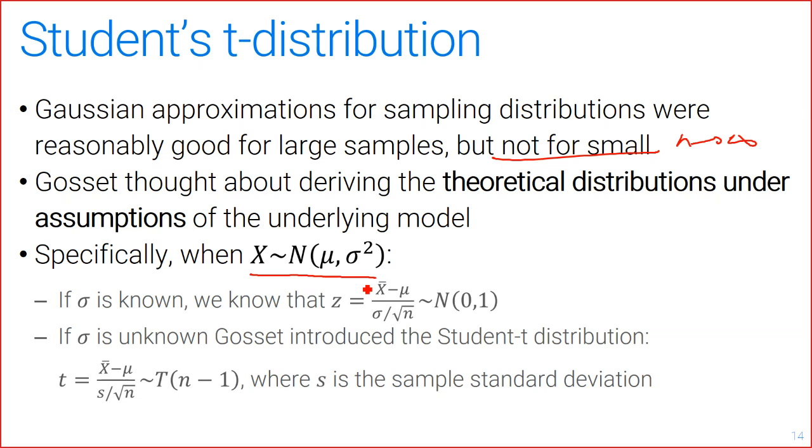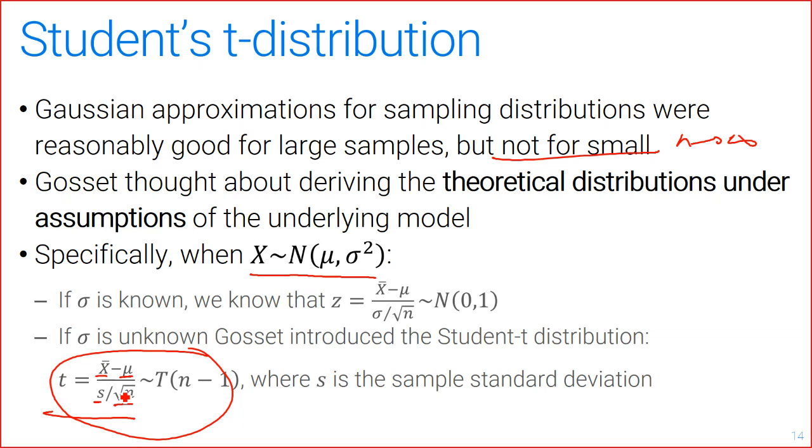If we compute something like what we have here, we have the mean of the data we have observed, we have some hypothesis about what the mean is in the population, then we have the standard deviation we observe in the sample, and here we have the sample size. This is going to be distributed in a certain way, and he derived the formulas for that. This is what we call Student's t-distribution.